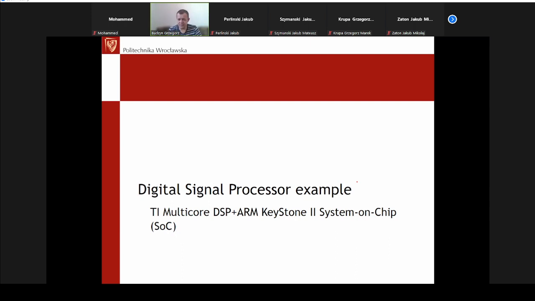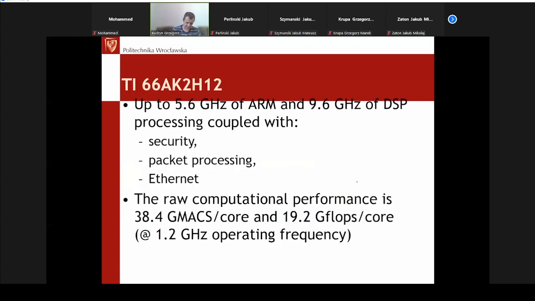And then some examples. First of all, about DSPs, what to expect from a DSP. Just to show you what we can get if we are patient enough and if we have enough money.